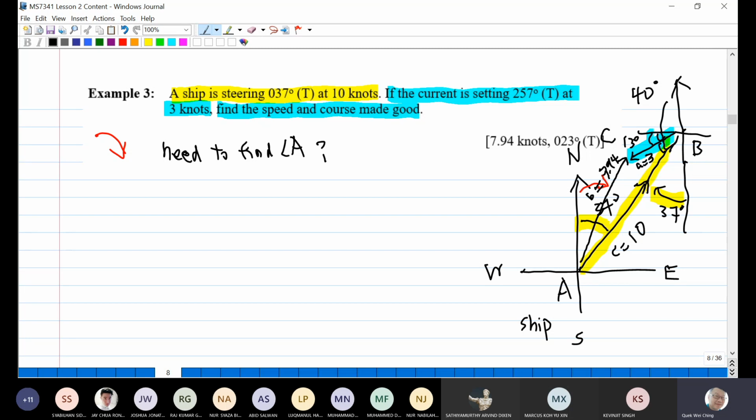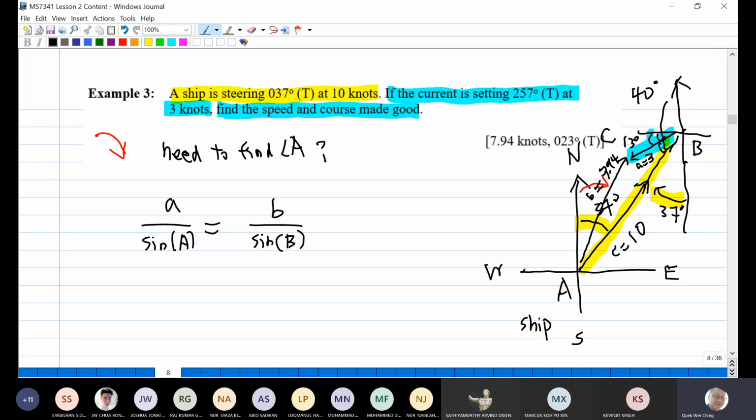Okay, so this is where the 7.94 will help you already, because A over sine of angle A is equal to B over sine of angle B. Okay, the triangle there.